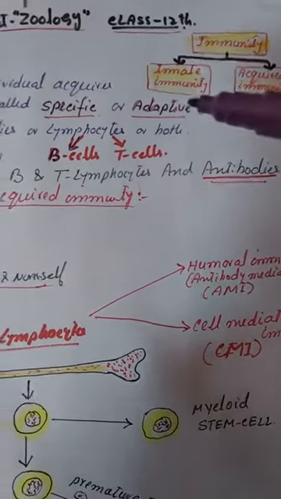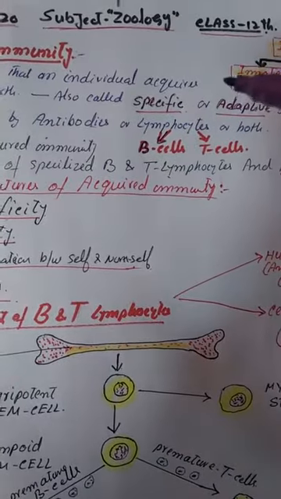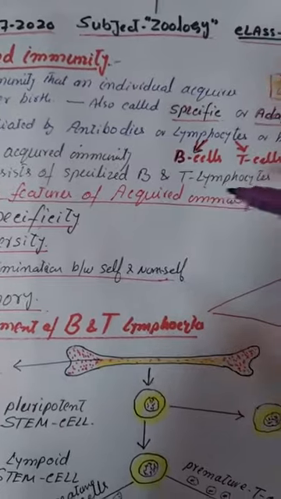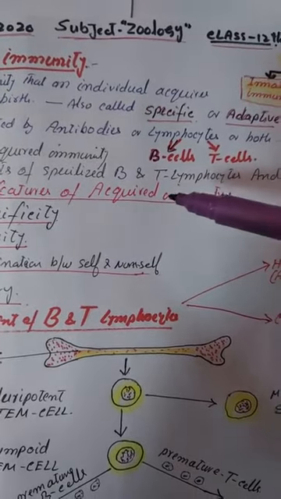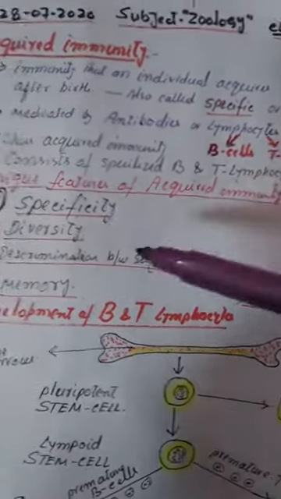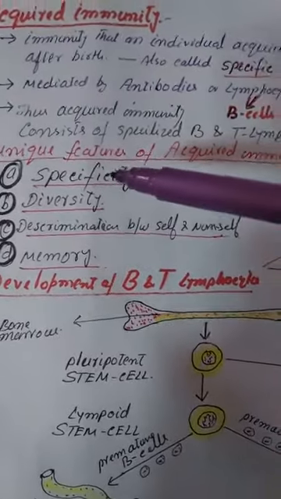First of all, today we will discuss the unique features of acquired immunity. This acquired immunity basically has 4 unique features.